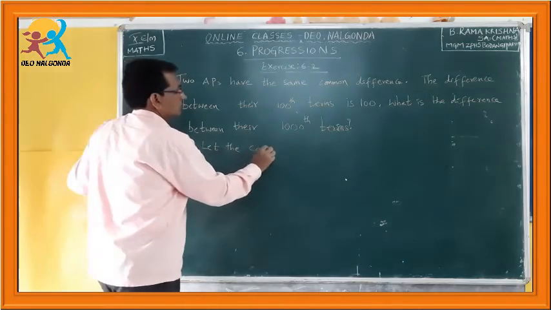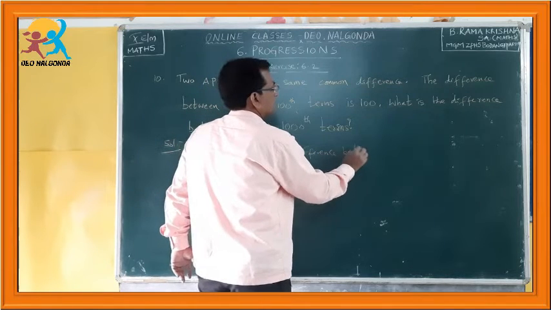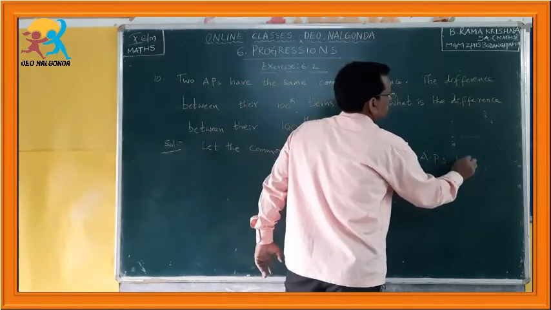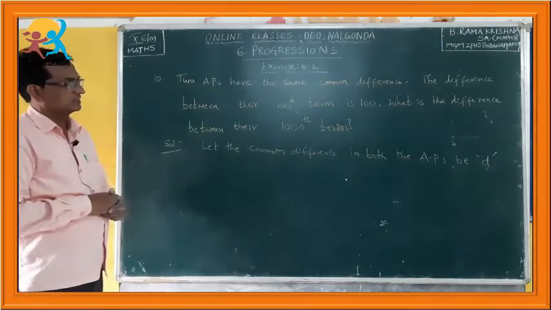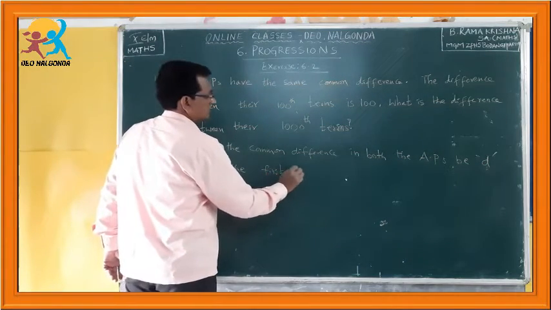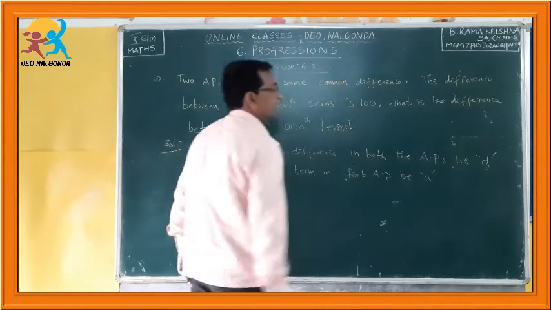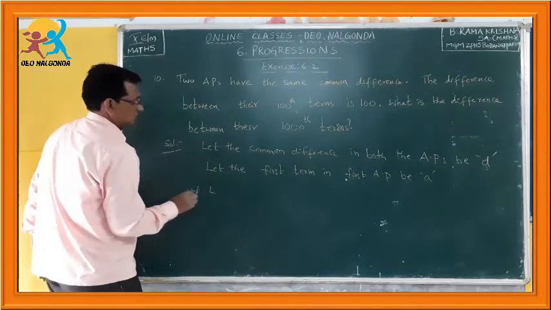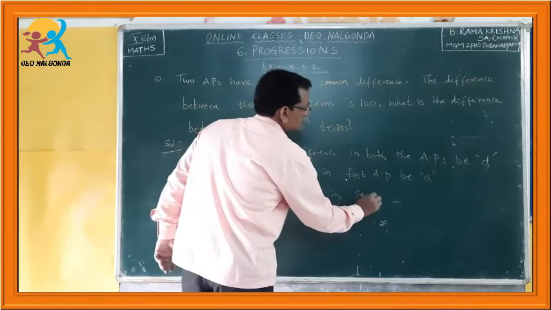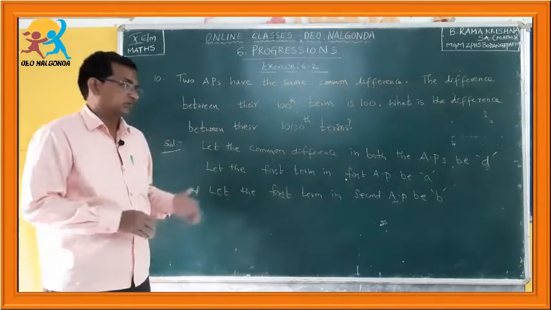This is the solution. Let the common difference in both the arithmetic progressions be D. Let the first term in the first AP be A, and let the first term in the second AP be B. He told us the common difference is the same, but the first terms may vary.